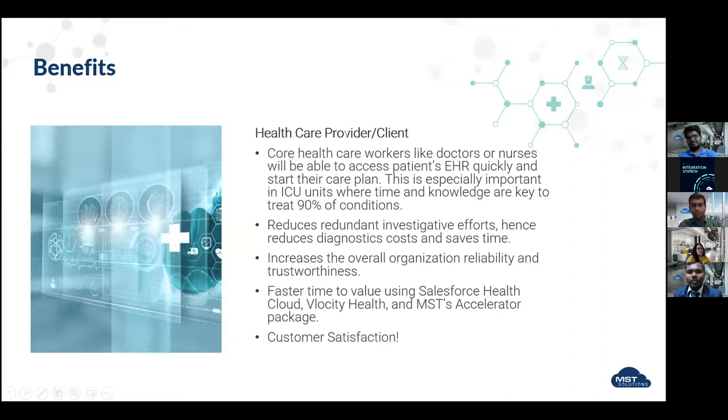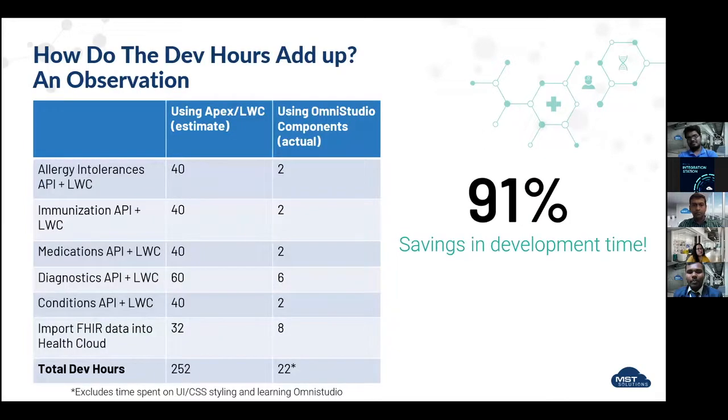As Jagdish showed in the demo, creating flex cards using LWC and Apex had an estimated time of 40 hours. But when using Omni Studio for immunization, medication, and diagnosis and conditions, all the flex cards took only minimum time.